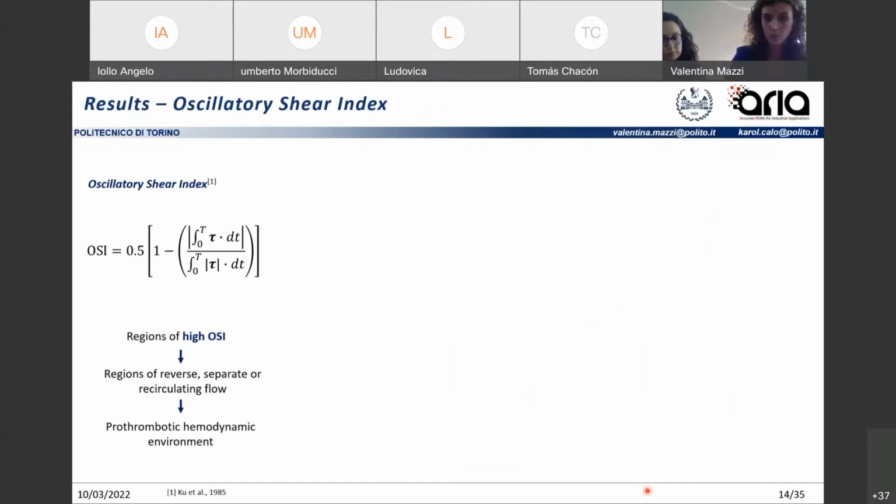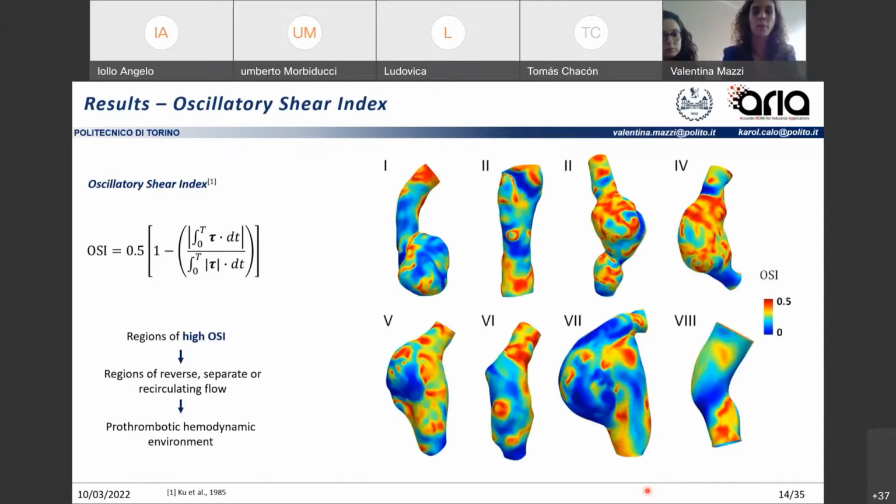Regions on the luminal surface exposed to high values of OSI are typically associated with bifurcation flow or vortex formation or local flow reversal, known to be promoting factors for vascular disease. So going to results, from the distribution of the OSI on the luminal surface, it emerged that the high values of OSI were located on the aneurysm sac and close to the neck region, reflecting the intricate hemodynamics characterizing these regions.